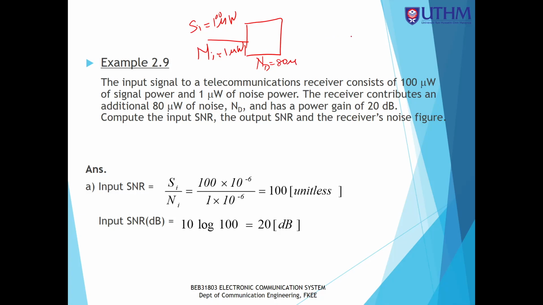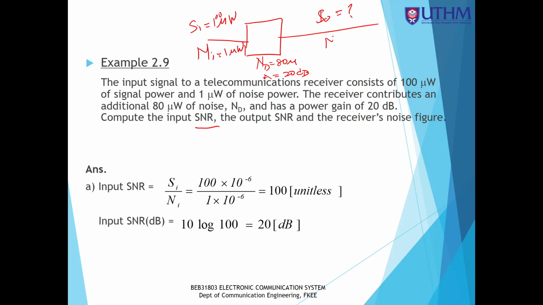And it has a gain of 20 dB. A is equal to 20 dB. So the question asks, compute the SNR input, SNR output, and receiver noise figure. We don't know how much is SO.